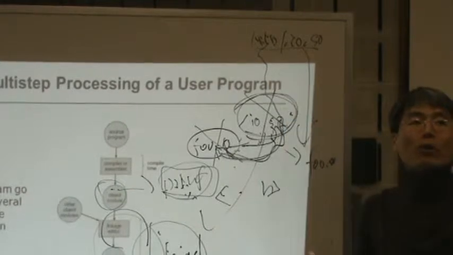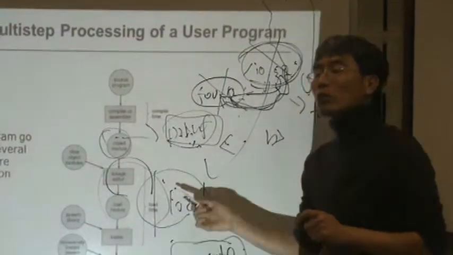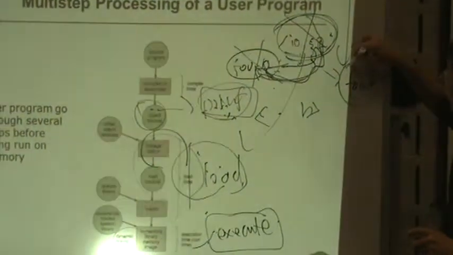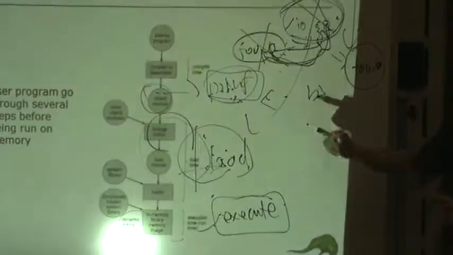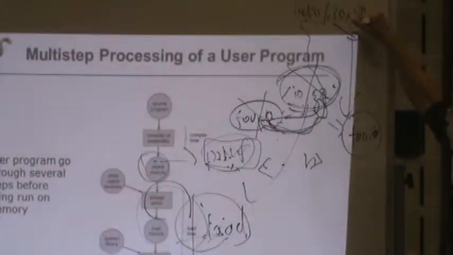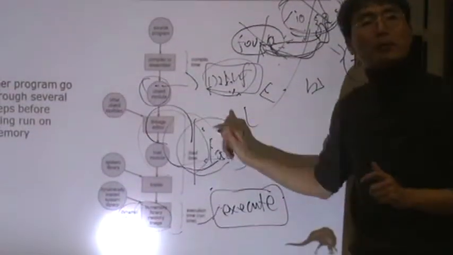This is called dynamic link. Which one will be bigger? The foo.exe linked during the load time, or the foo.exe linked during the execution time? Definitely this one is bigger.